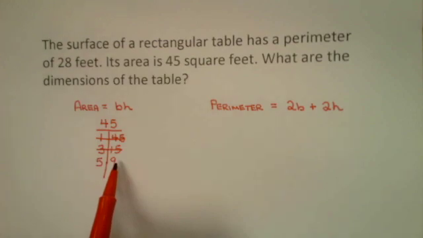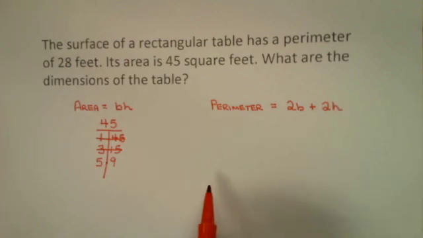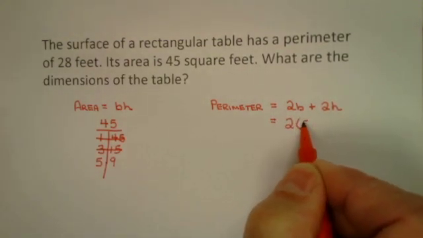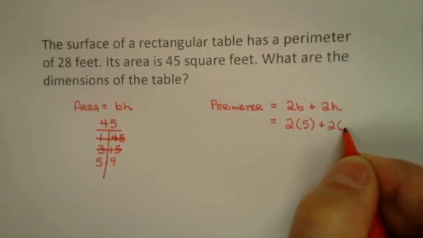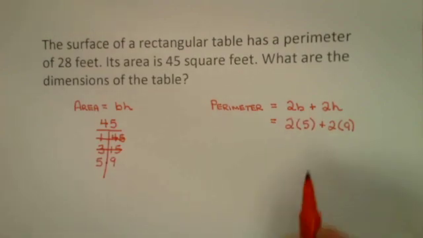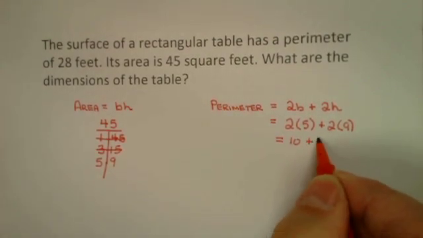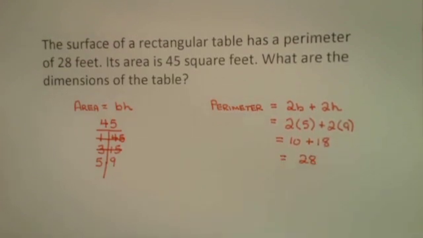9 doubled is 18. So let's check and see. Let's take these two numbers, put them in our formula for the perimeter, and see if it works. That'll be 2 times 5 plus 2 times 9. 2 times 5 is 10 plus 2 times 9 is 18. 28.